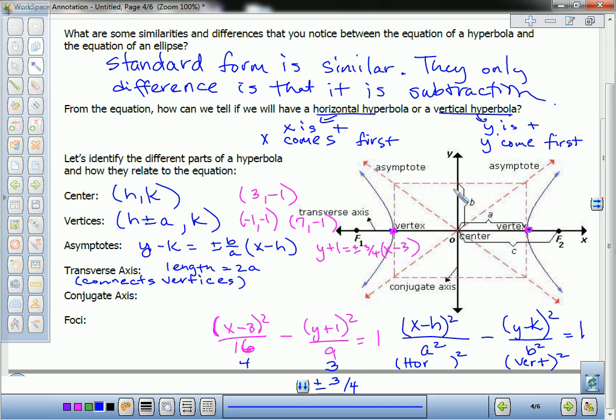The conjugate axis is the other one. We don't really have co-vertices. Do you see that this point right here and this point right here have absolutely nothing to do with the graph? It helps us form the box, which is important. We're going to do one of those in a second. So the conjugate axis is basically the other axis, and its length is 2b. This and that.